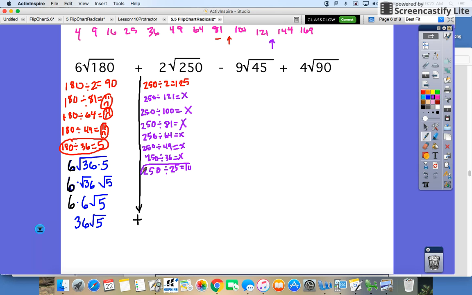So this is the one we're going to want to use. We're going to rewrite our radical as 2 square root 25 times 10. So we're going to end up with 2 times 5 times the square root of 10, which is 10 square root 10.